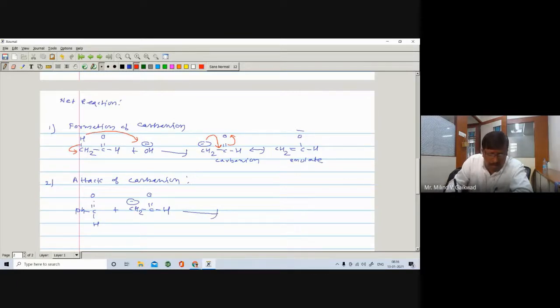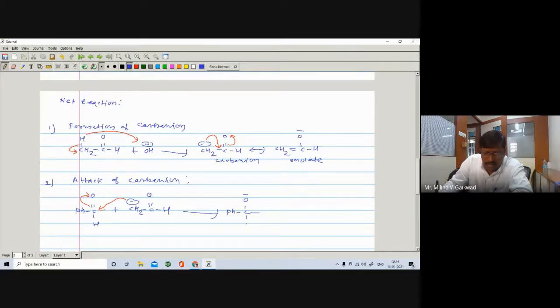The pi bond opens on the oxygen, O negative, C positive. This CH2 negative will attack on this C positive, and you are getting the corresponding alkoxide, CO negative.